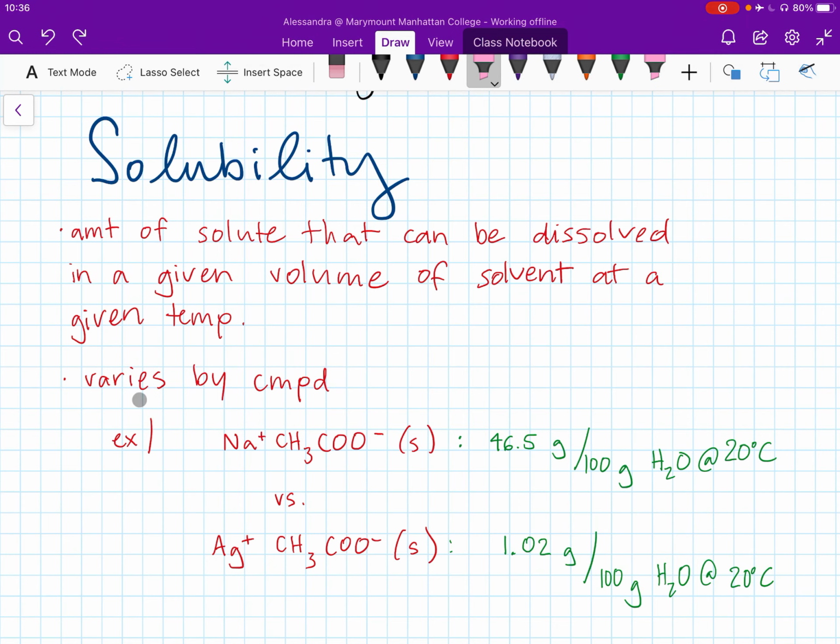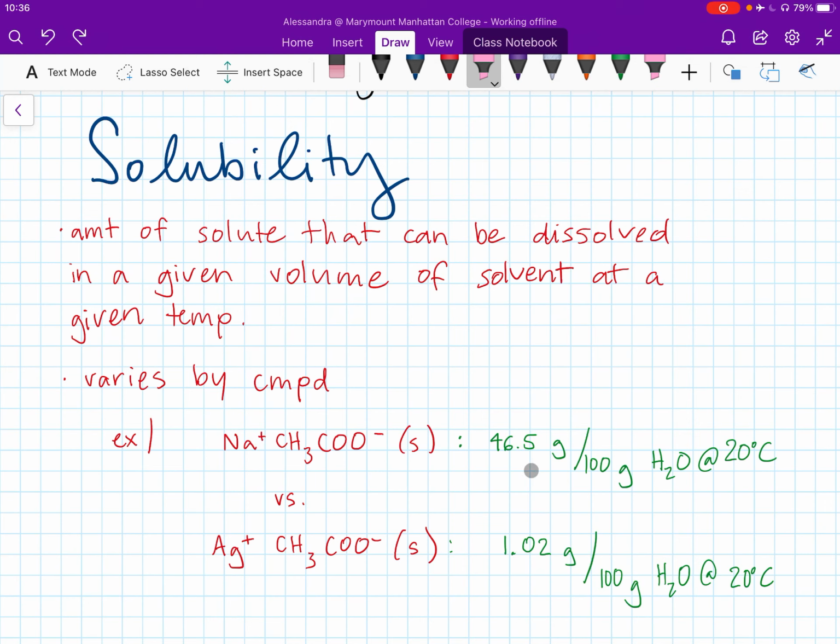Now, solubility values vary by compound. Each compound has its own solubility value in a given solvent. And of course, it's very temperature dependent. So as an example, let's look at sodium acetate, which is a salt, versus silver acetate, which is another salt. The only difference here is the cation.